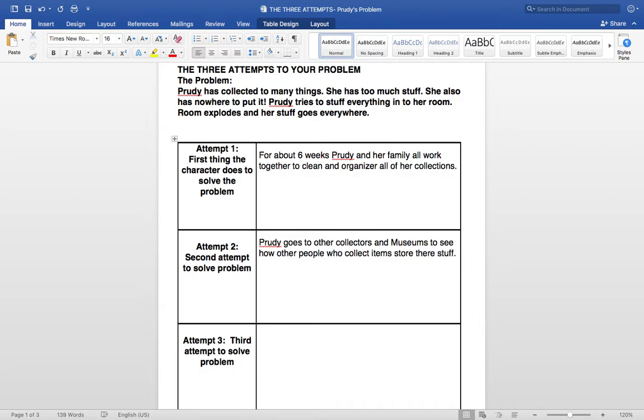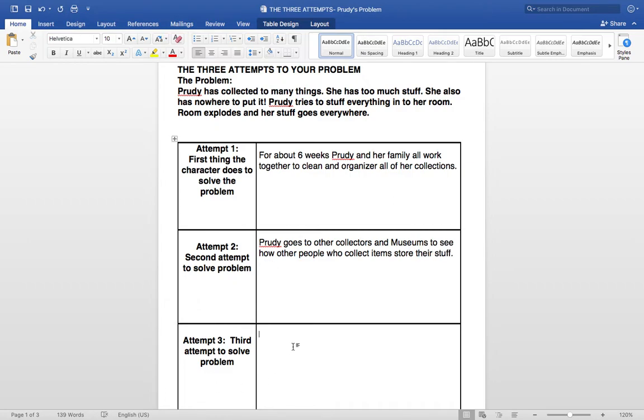And she does this for a long time, right? She goes all over the place and she visits many different places and many different museums to see how people organize their things. So if you think about coin collectors, they don't usually just have all of their coins sitting in a box. No, they have their coins in little plastic bags, right? So that they can look at them, and also so that they don't get ruined. Okay? Does this solve Prudy's problem? No, it doesn't. It's just an attempt, right?